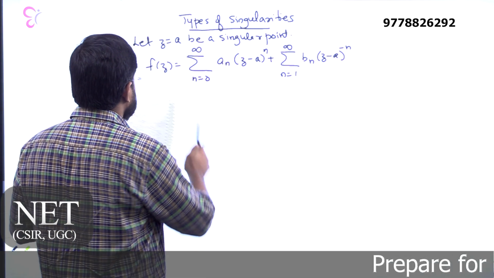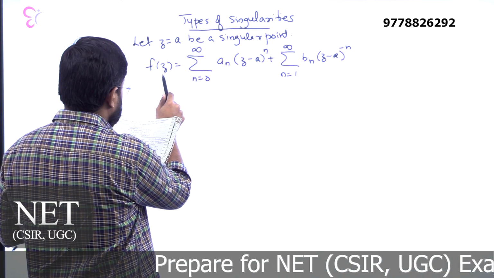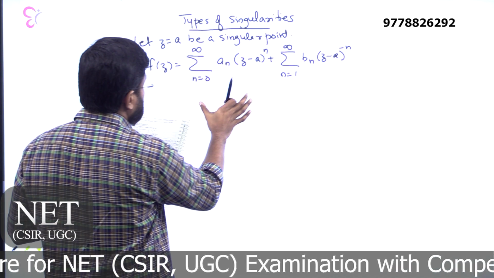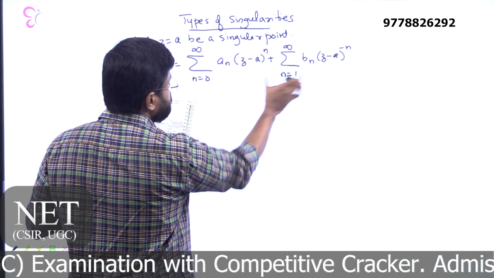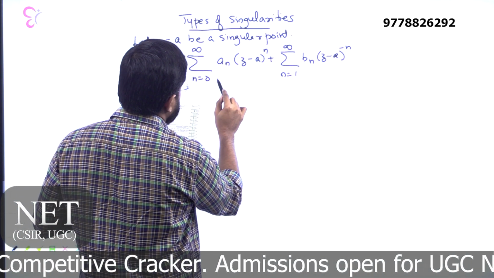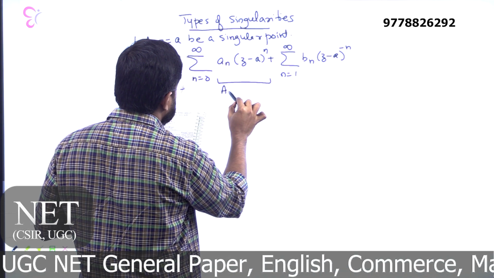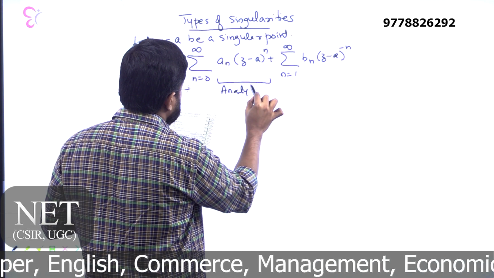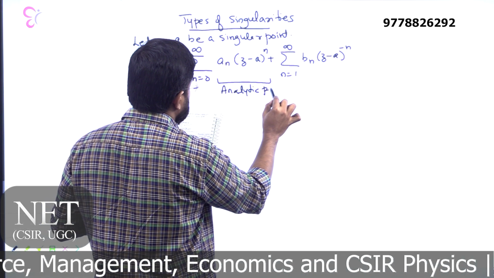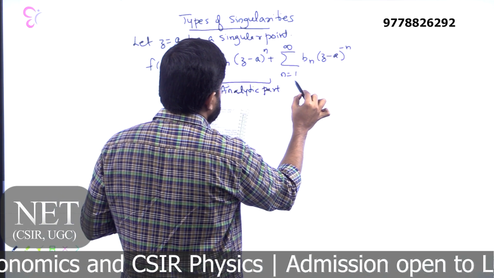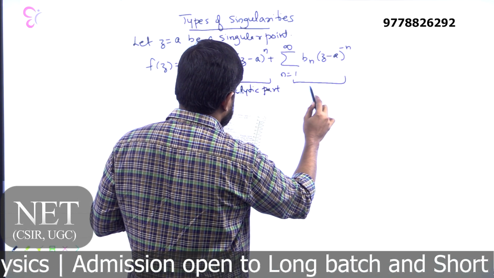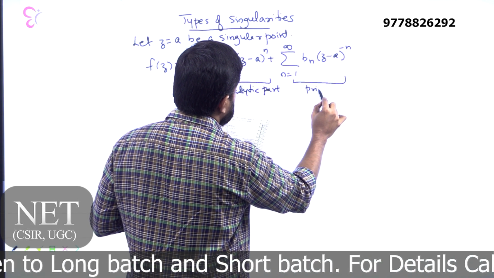So that means the function will have two parts, the sum of two parts. The first part is called the analytic part, and the second part is called the principal part.